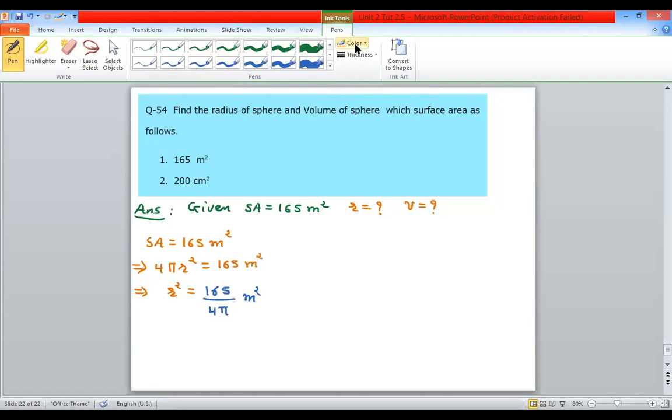So r square is equal to 165 divided by 4 pi, which is 22 by 7. This 7 goes here.